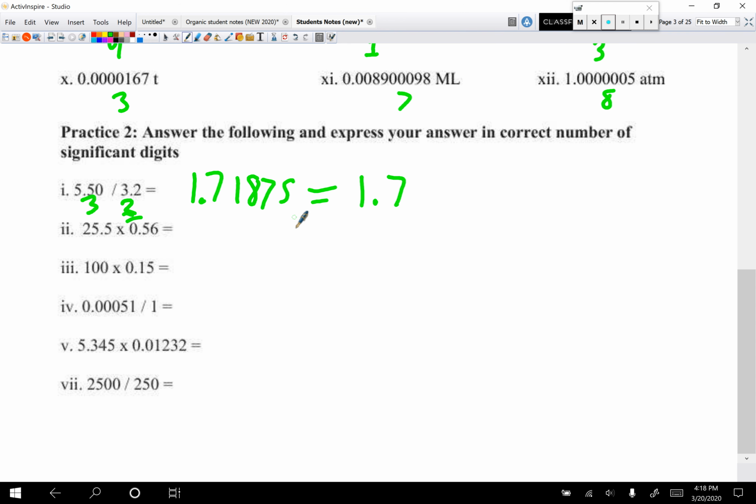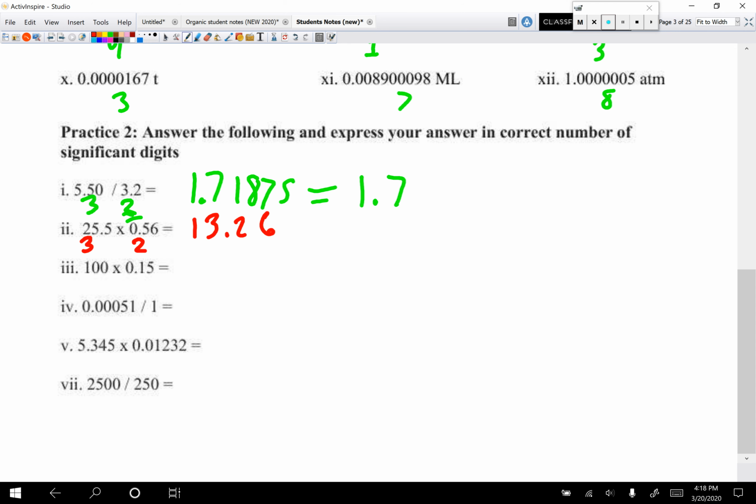Same thing when we go down to our next one. I will do it in a different color here just so we don't get confused. 25.5, right, so this has 3 significant digits. And 0.56, this is a leading zero, so this only has 2 significant digits. So same thing with this right here. Our final answer should have 2 significant digits. So when we put this into our calculator, we have an answer of 13.26.